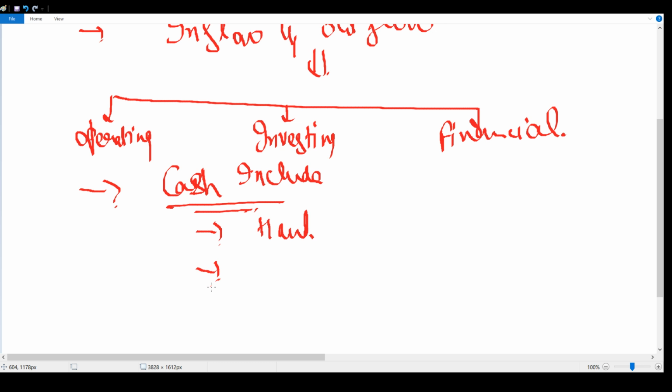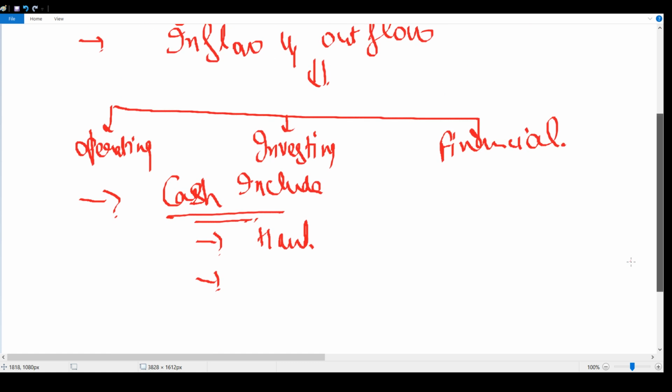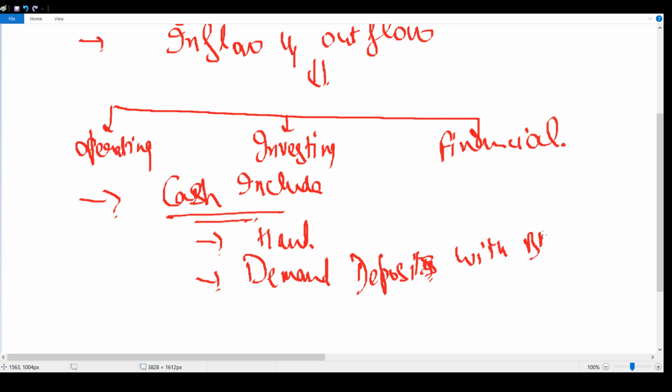Cash in hand, demand deposits with banks, and cash equivalents.